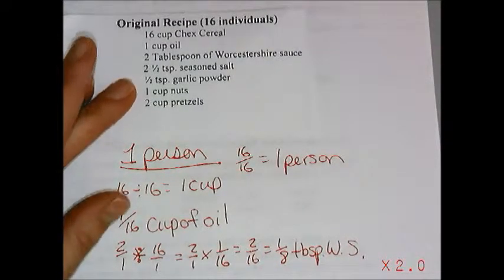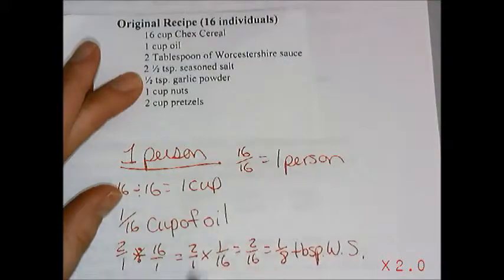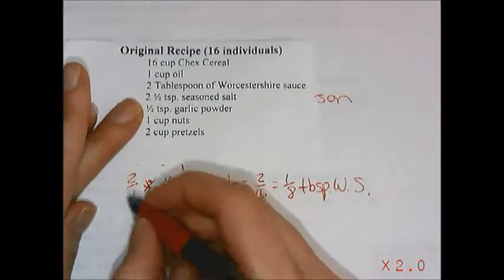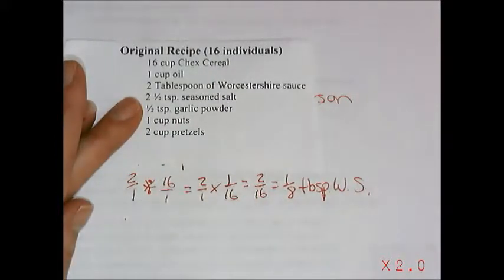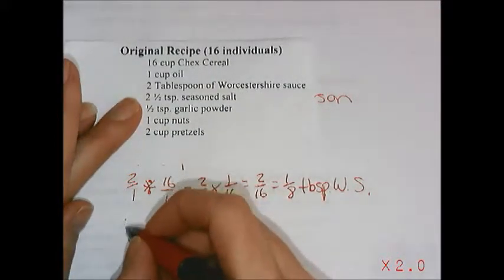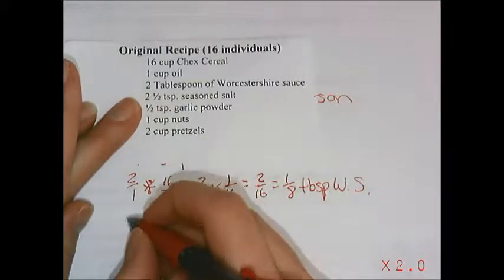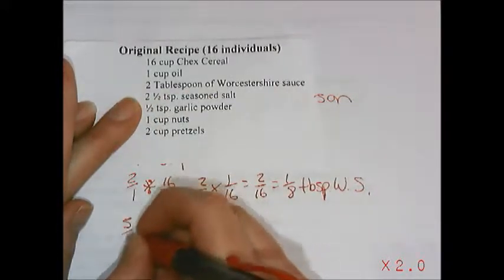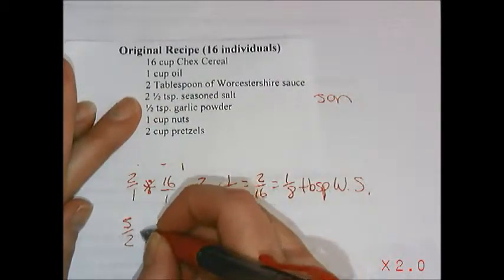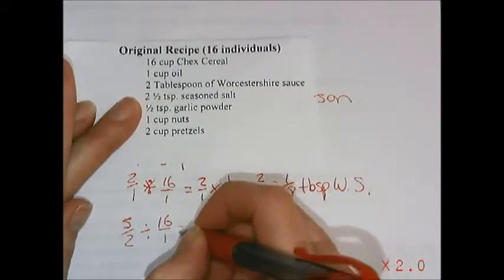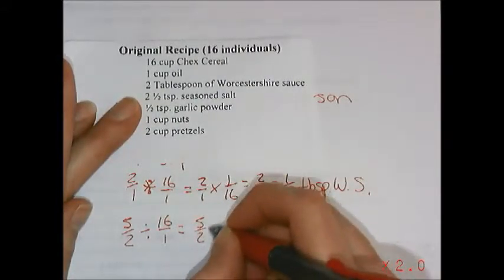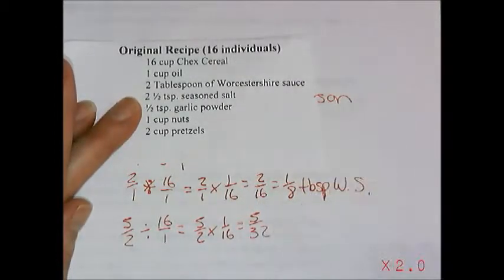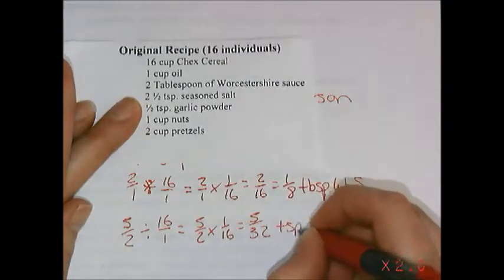Okay, so the next one is 2.5 teaspoons of seasoned salt. So I want to make that for 1 serving. So I'm going to change this mixed number to an improper fraction. Bottom times big plus top, I get 5 halves. 5 halves divided by 16, stay, switch, flip, is 5/32 teaspoon of seasoned salt.